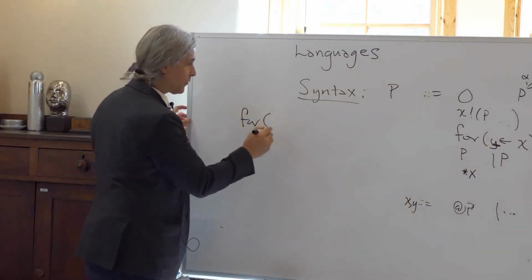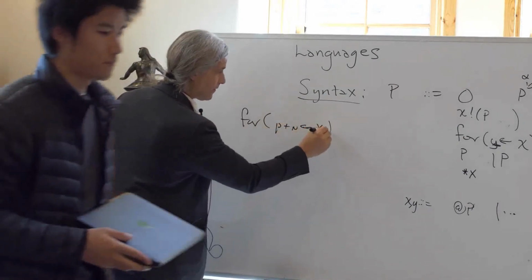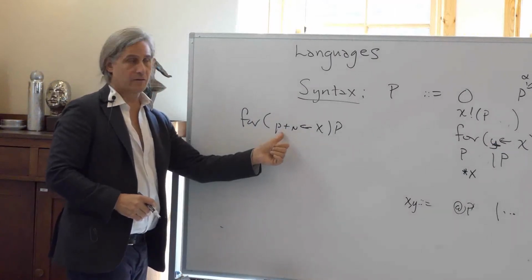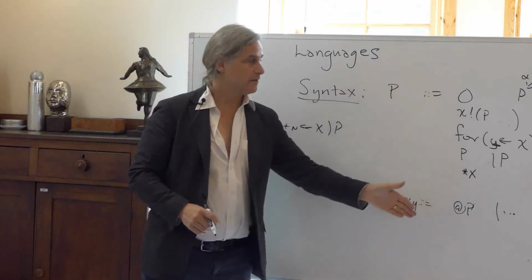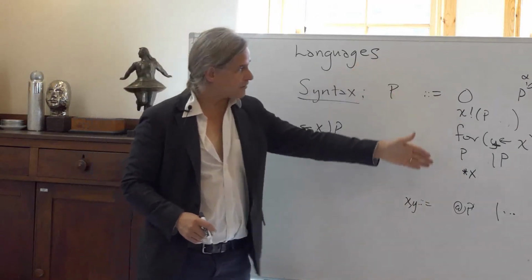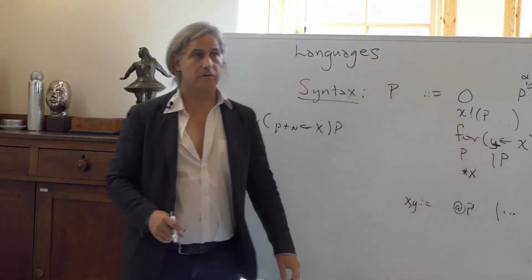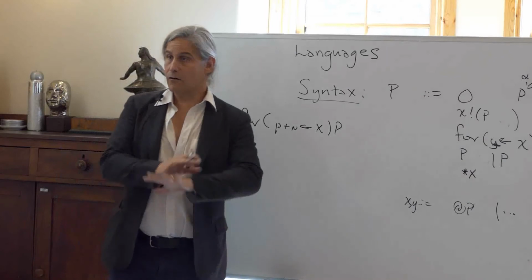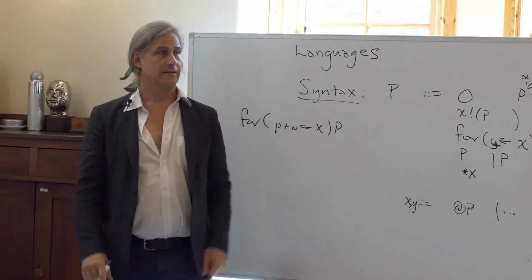So you have for, and now we put a pattern here. And this pattern is going, so when we introduce data types, we want to add more stuff than just being able to send queues, right? And the way we add that is first by saying that all of the data is a process.